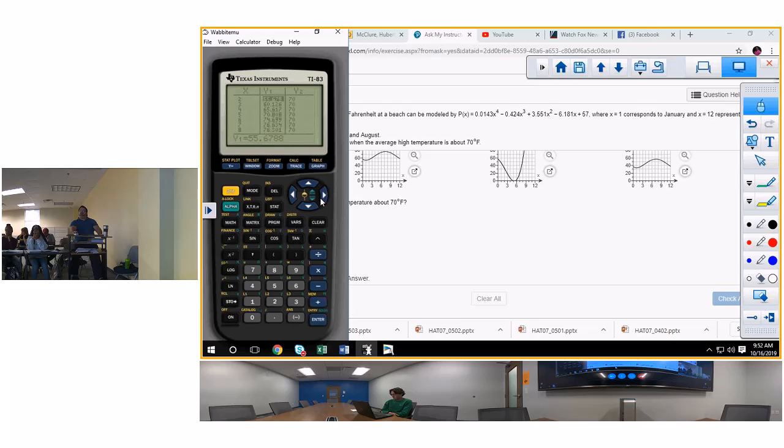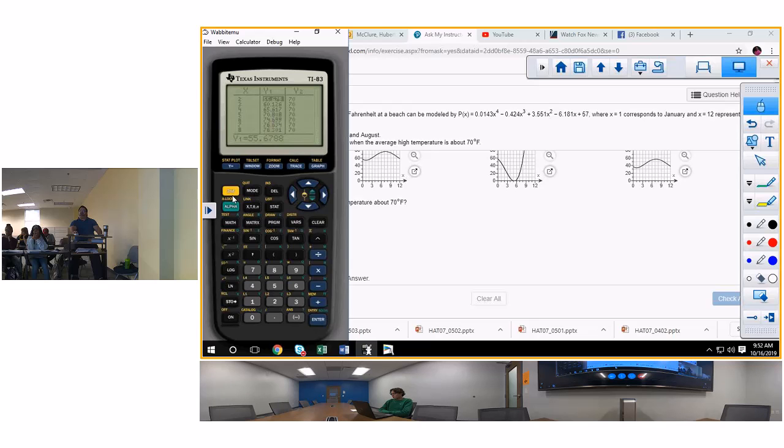70. Now you're going to have to adjust your table, because you're going to have to round to the nearest tenth or something. So you're going to have to go by tenths.